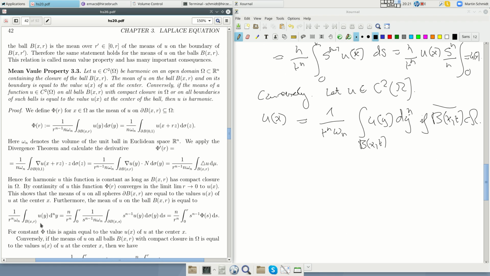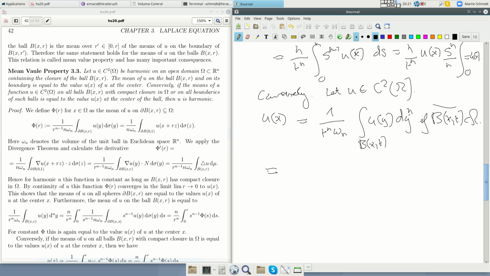Then we know that we have this formula. So this is the same as n over R to the n, integral from 0 to R of s to the power of n minus 1 phi of s ds.